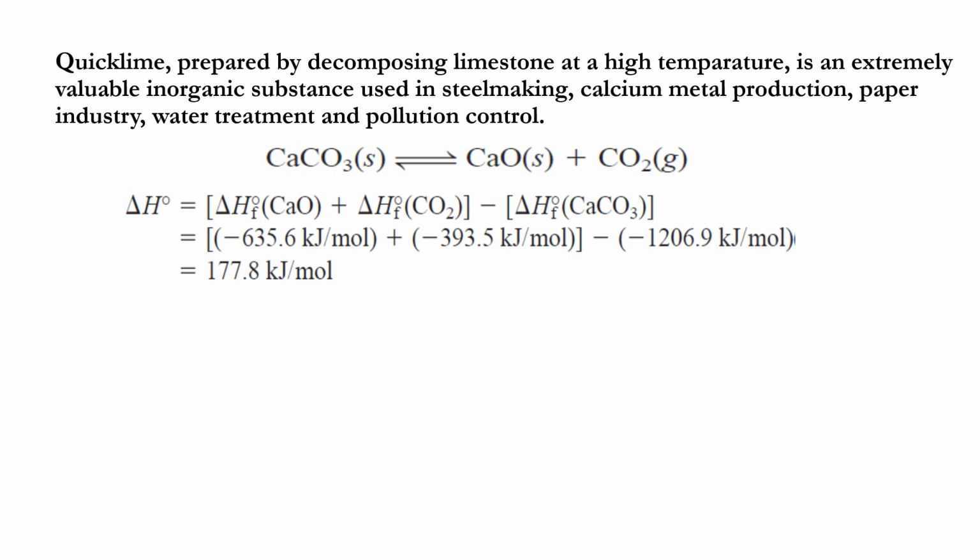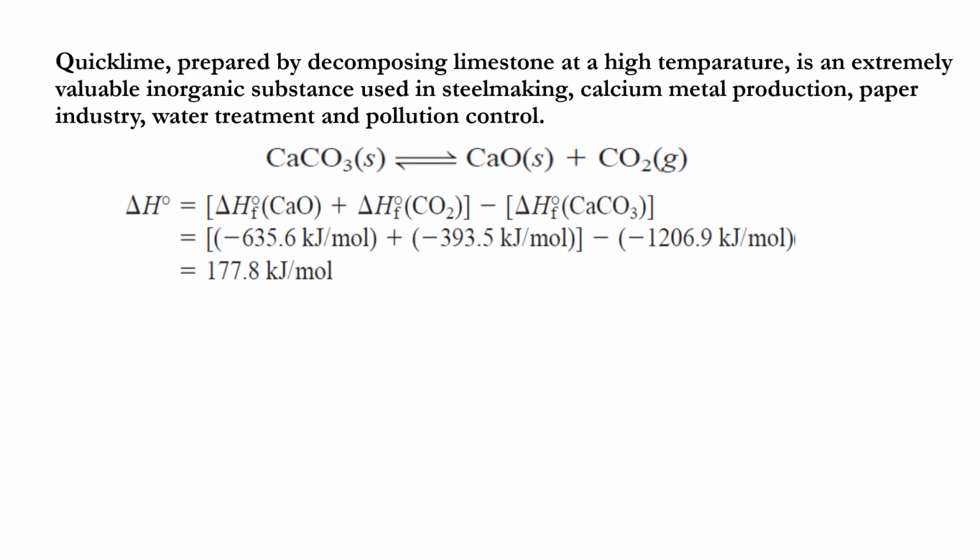one of our two products, negative 635.6. You add that with the enthalpy of formation of carbon dioxide, our other product, negative 393.5. The sum of the two products' enthalpies of formation will be combined by subtraction with the enthalpy of formation of the reactant, and we only have one, calcium carbonate.